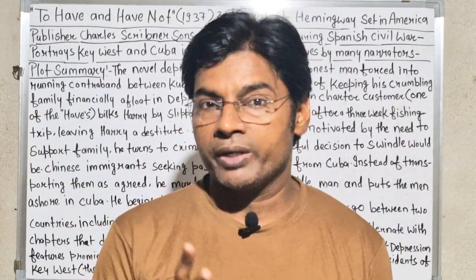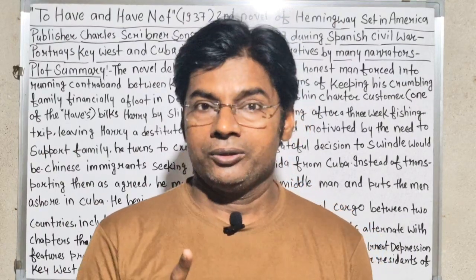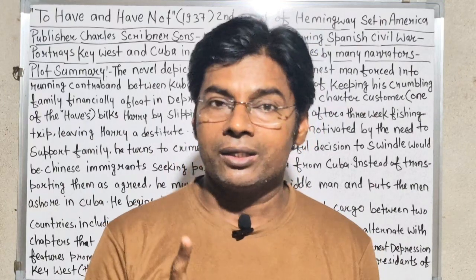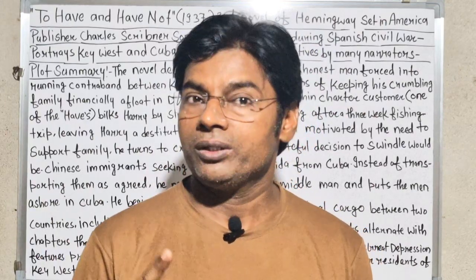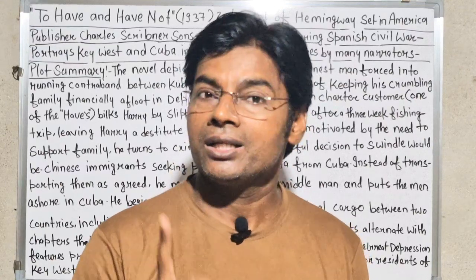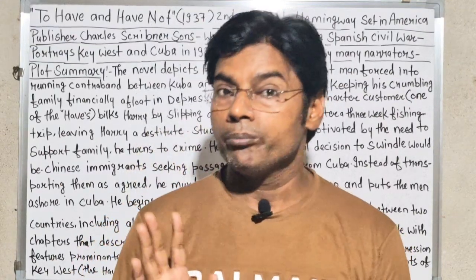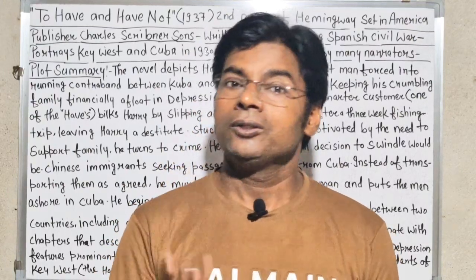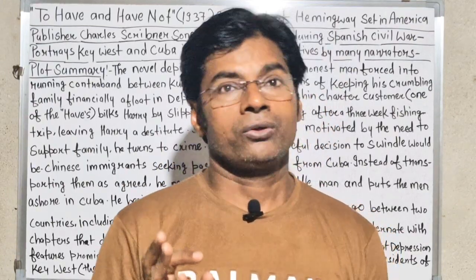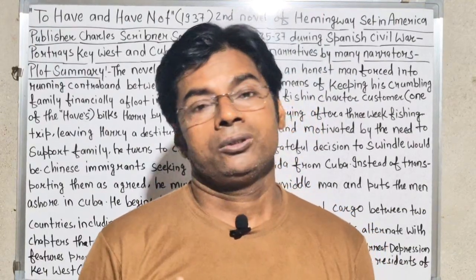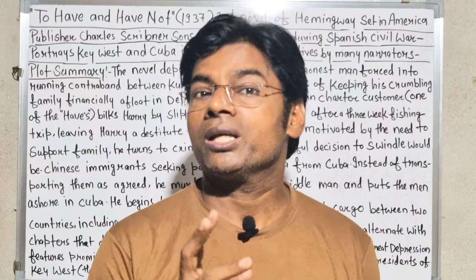The Torrents of Spring, his first novel, has America as its setting, and this is the second novel that also has its setting in America. Very important novel, and this is probably the fourth published novel by Ernest Miller Hemingway.